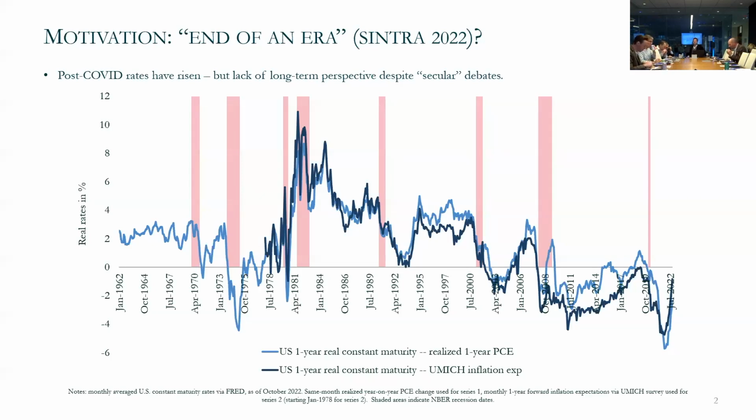Yeah. But let's look at this chart to start with some of the motivation here. We see here US 1 year real maturity rates, two different ways of adjusting these rates with inflation. And I think this already puts the recent historical inflection point in some perspective. There are many different ways of constructing ex ante real interest rates, and we go through some of the versions.